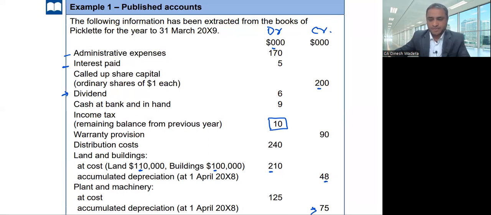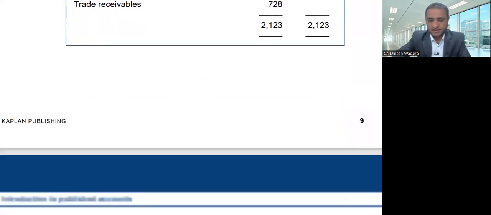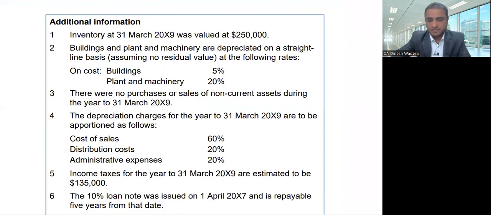Now what next? They have given us additional information. Inventory on 31st March, the closing balance of inventory, is 250,000. Building and plant and machinery are depreciated. So we have three non-current assets. If you read the question carefully, we had land, we had building, and we have plant and machinery, out of which land will not be depreciated.